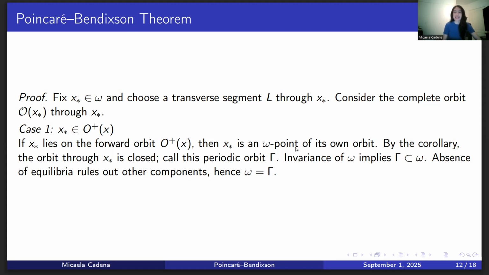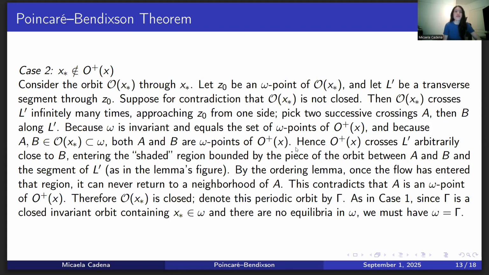And we can say that the omega limit set is the set of all points that belong to the forward half orbit. This condition forces the omega limit set to be none other than gamma. For the second case, we will consider that X star is not in the forward half orbit of X.